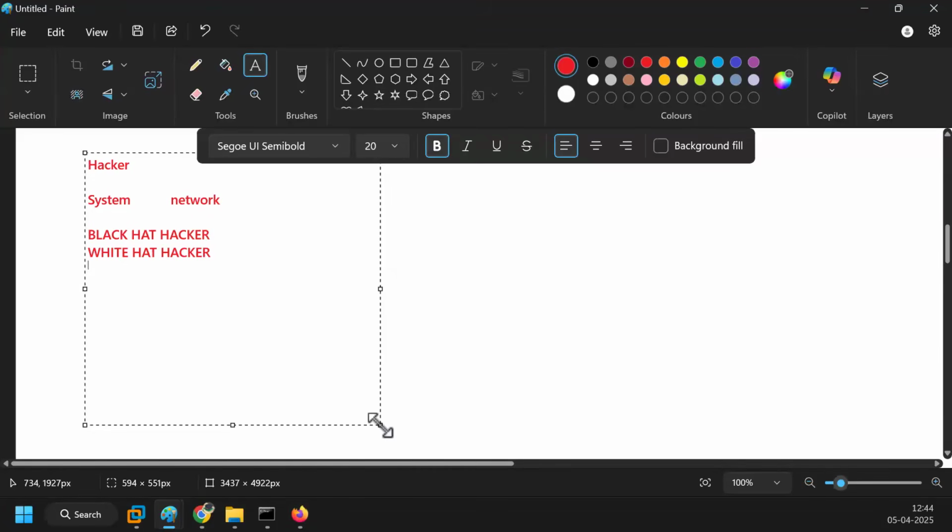So, when we talk about the ethical hacker or the white hat hacker, they have sound knowledge of the system and the network, and they use their knowledge for constructive purposes. They never break the rules. Whenever they perform a hack, first they get proper permission from the organization.